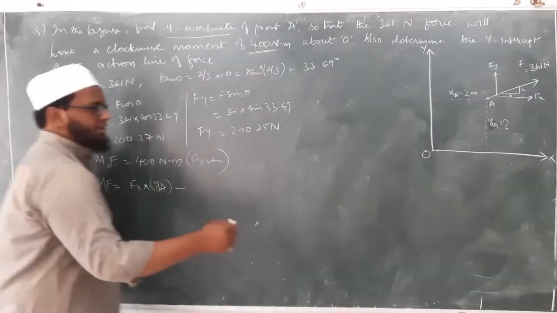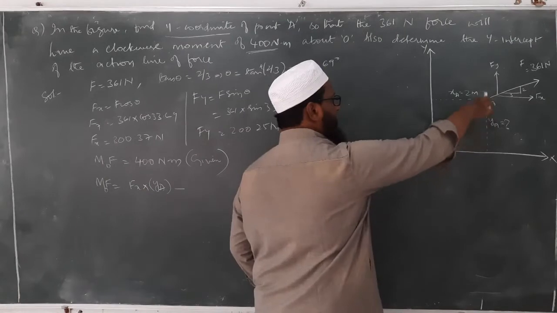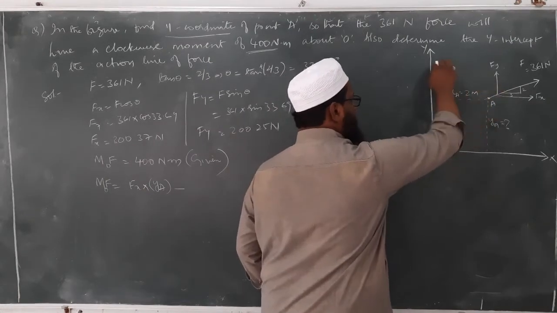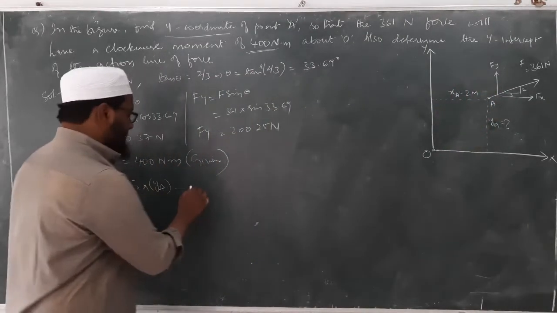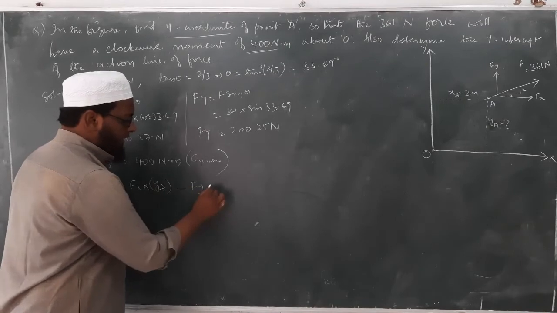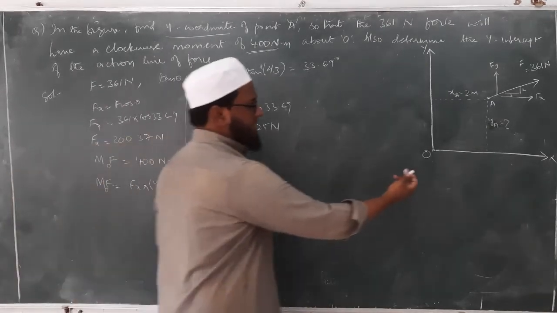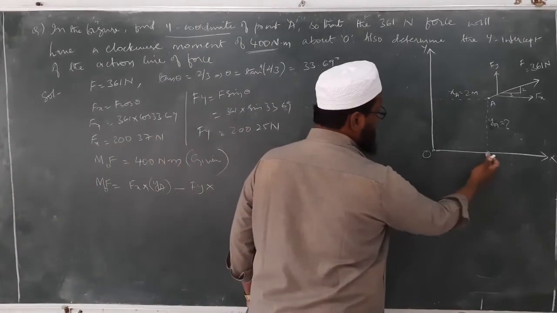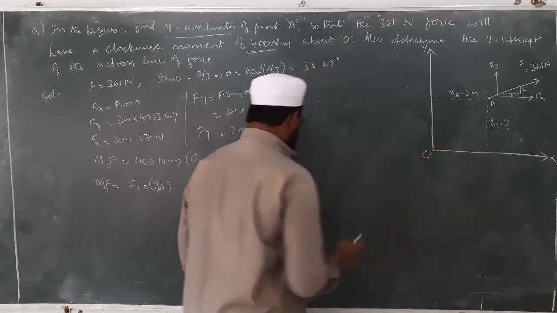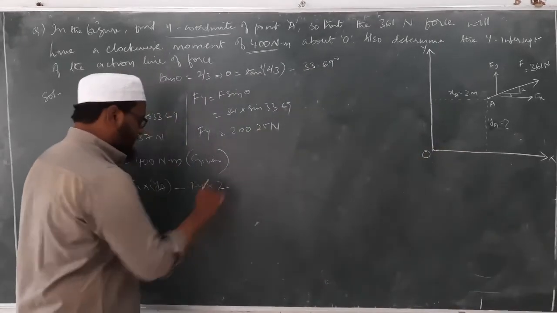Then minus, see Fy. Fy is going in anti-clockwise direction. So anti-clockwise, minus Fy into perpendicular distance. What is the perpendicular distance? 2 meters.